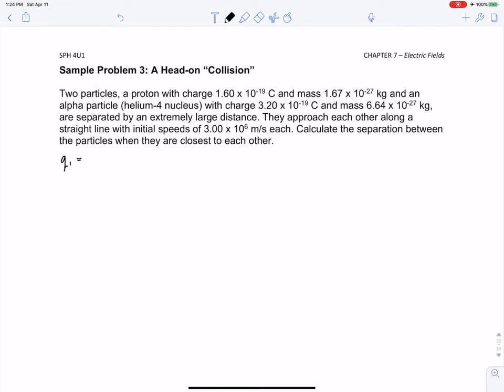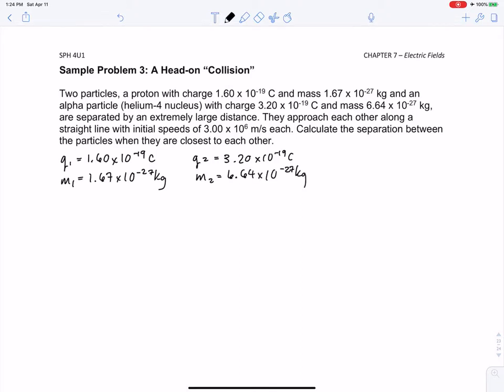So I'm going to start by listing what we know. We know Q1 is 1.6 times 10 to the power of negative 19 coulombs with a mass of 1.67 times 10 to the power of negative 27 kilograms. Q2 has a charge of 3.20 times 10 to the power of negative 19 coulombs and a mass of 6.64 times 10 to the power of negative 27 kilograms.